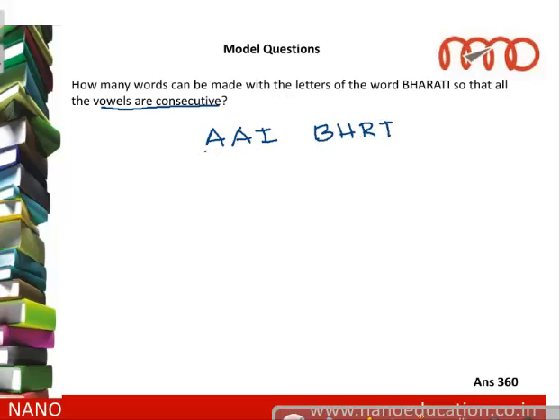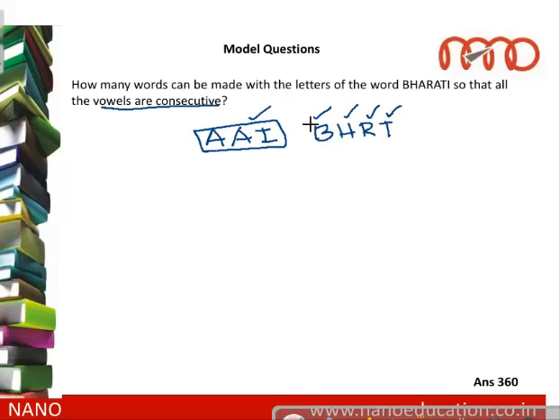Now you want all vowels to be consecutive, you want them to be together, so pack them. Now you have objects to permute. One, the packet containing the vowels. Second is B, H, R, T.